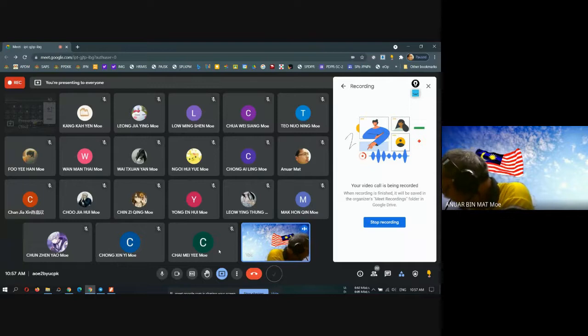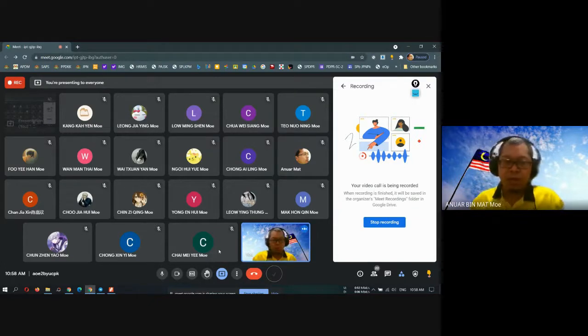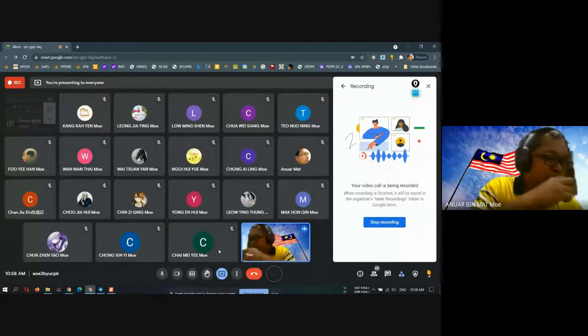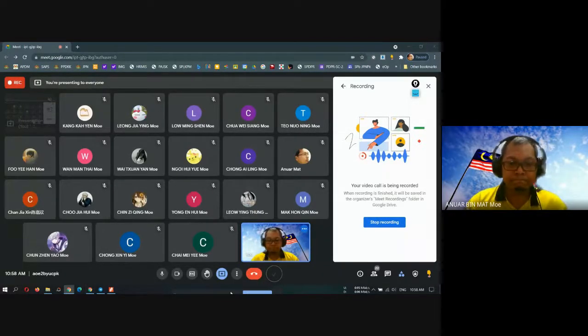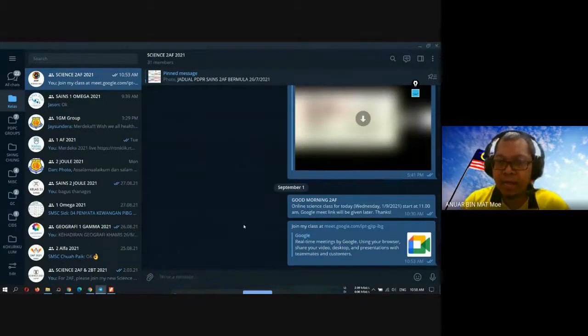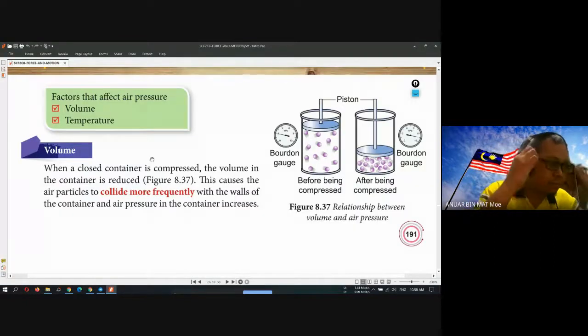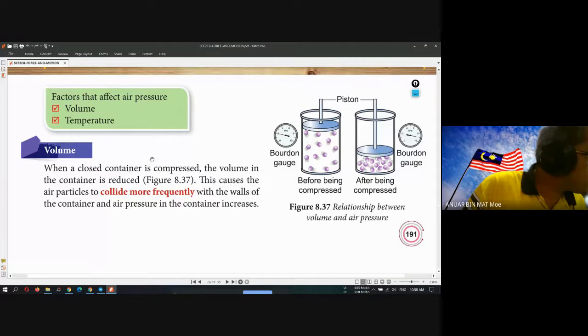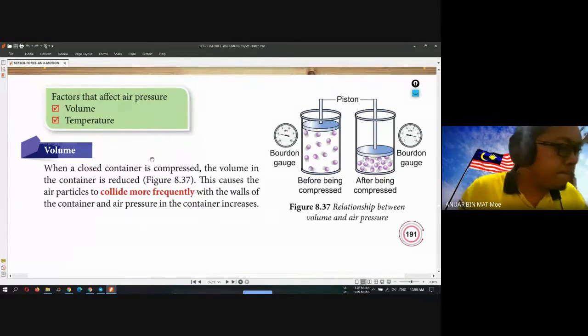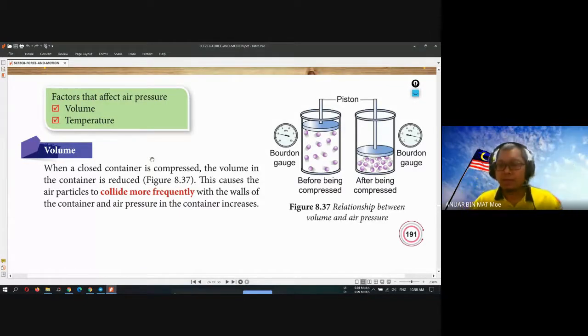Okay, before I start the class, how about the exercise that I gave you last Monday on page 111? Only page 111. Any problem?